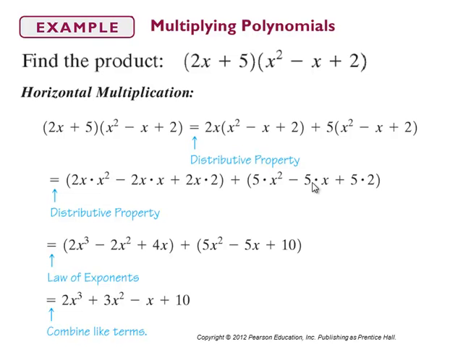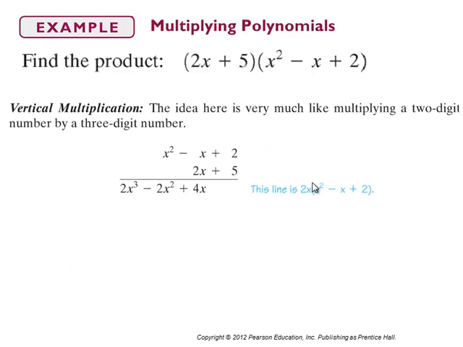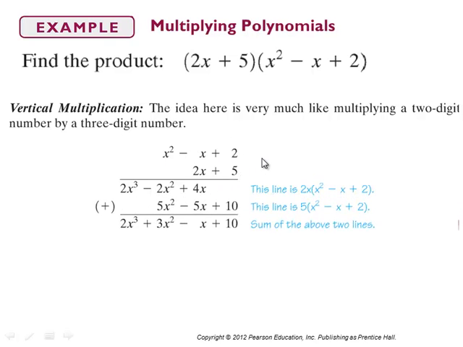Okay? Another way that you could do multiplication for polynomials is to stack the larger polynomial on top of the smaller polynomial and just multiply out like you would with multi-digit numbers. Okay, I'll let you look at that, see if you have any questions.